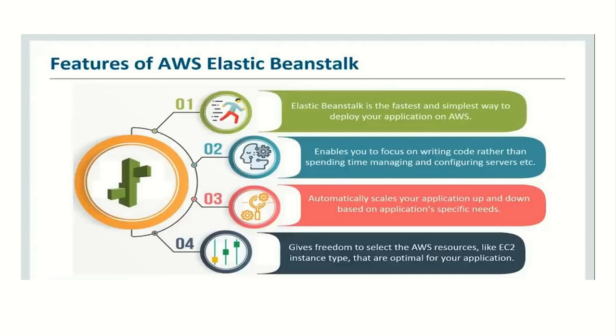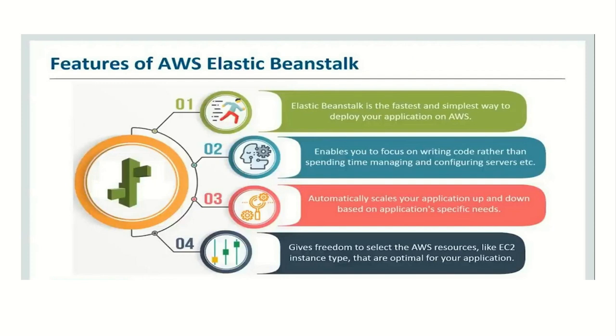Mostly all the features are similar to the ones we discussed earlier. Elastic Beanstalk makes the app development process faster and simpler for a developer. All a developer has to do is concentrate on developing code.